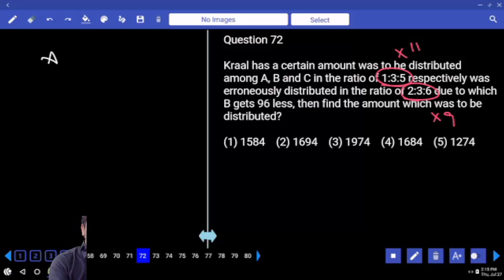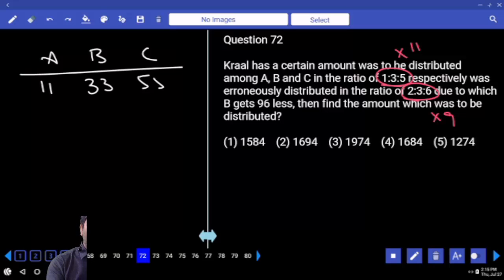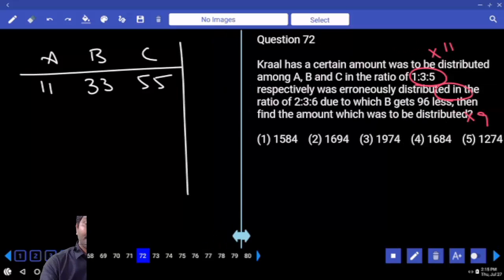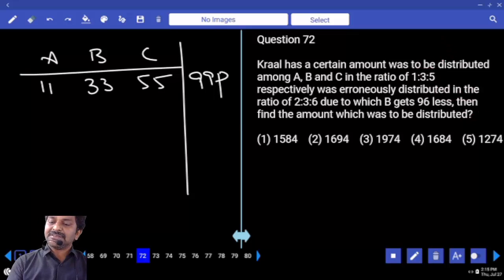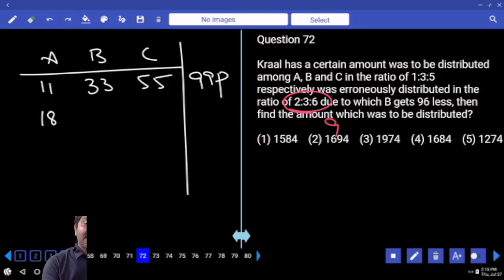Now in that case, A, B, C gets, tell me, 11, 33, 55. Total how many parts are there? 99. Now the second ratio is multiplied with 9. Tell me the numbers. 18, 27, 54. Even here also the total is 99 parts only.